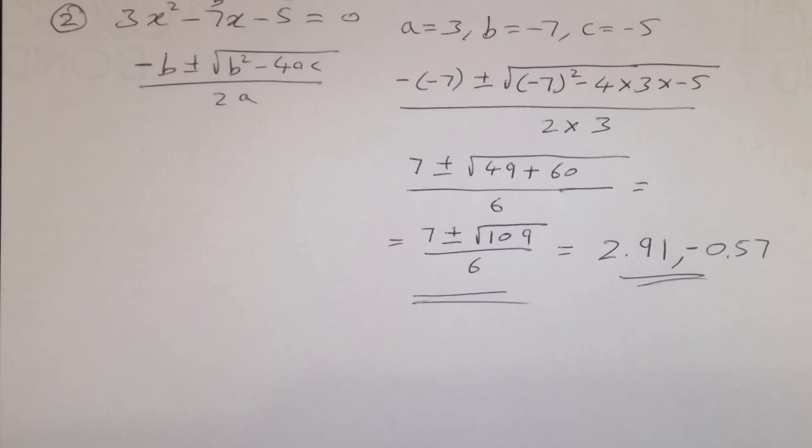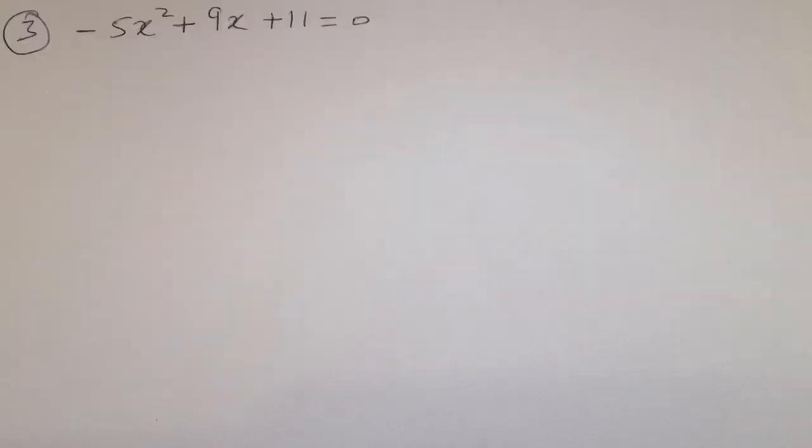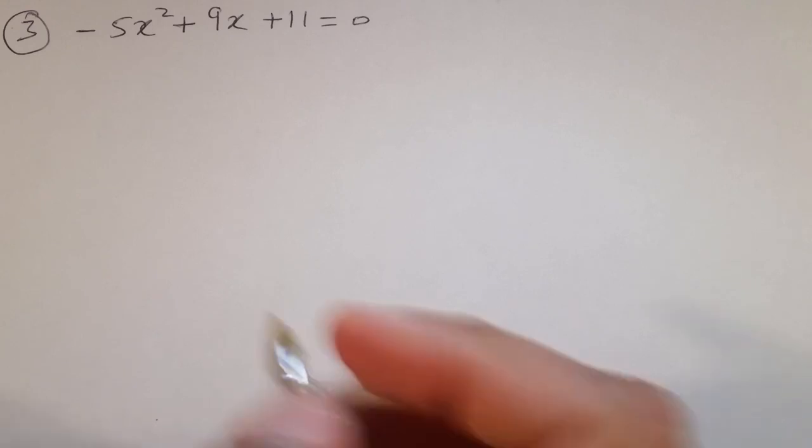Let's move on to the third one now. Our third question, minus 5x squared plus 9x plus 11 equals 0. Now, in this question, I made a negative, because in previous questions we took b and c as negative. Now we'll work with a as negative.